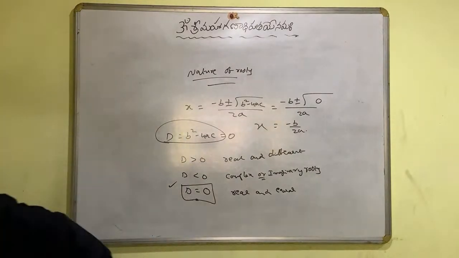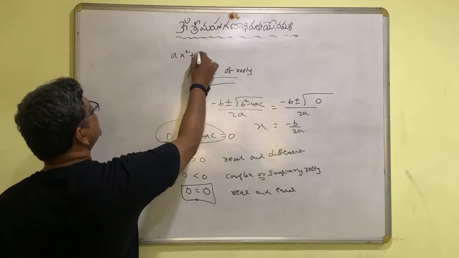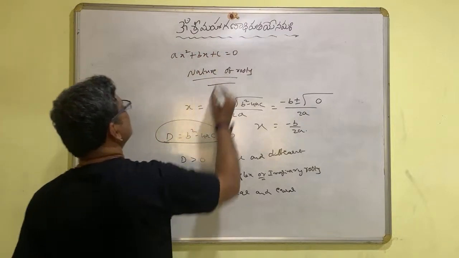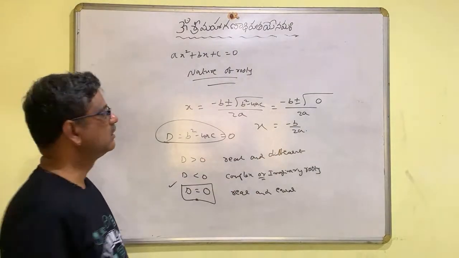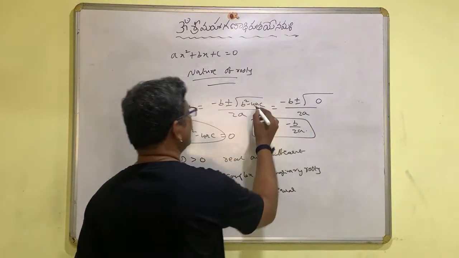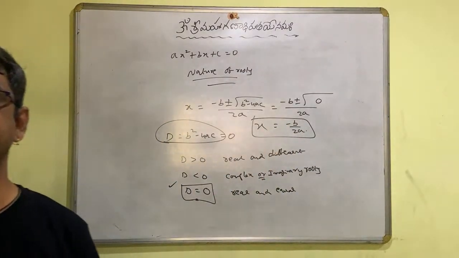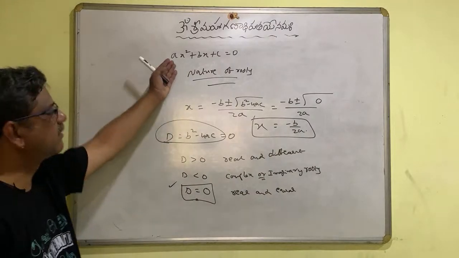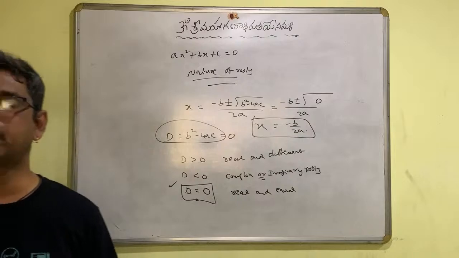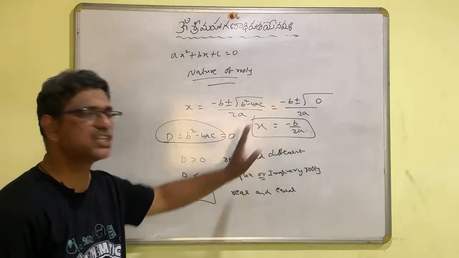Okay. That means for any quadratic equation, if the discriminant is 0, then the x value that you are going to get is minus b by 2a. Since it is a quadratic equation, it must have two zeros, but here we are getting only one zero.